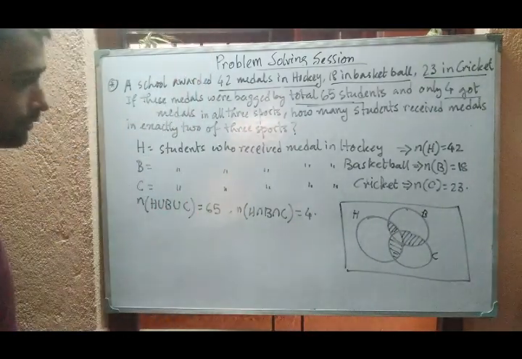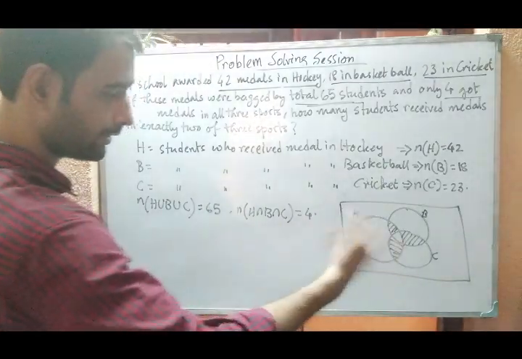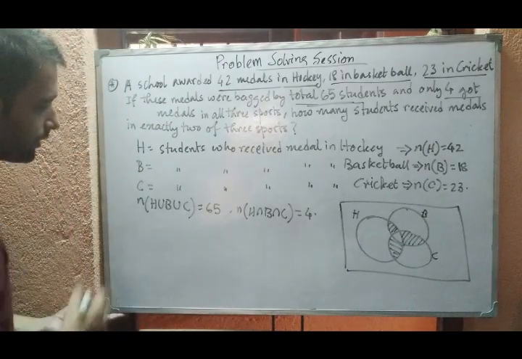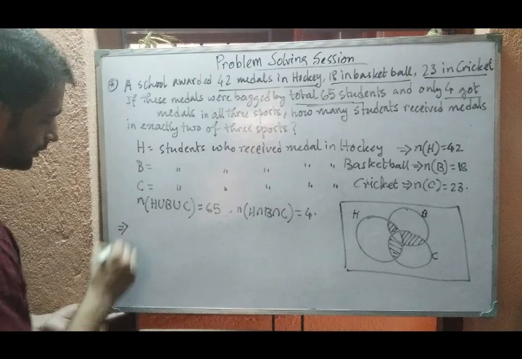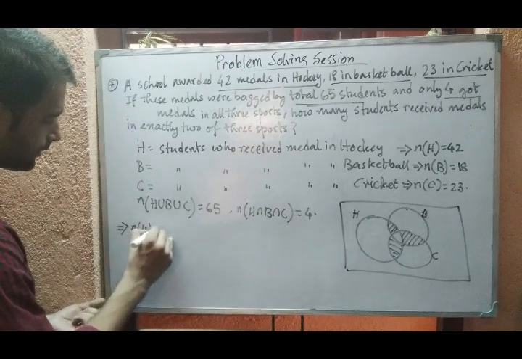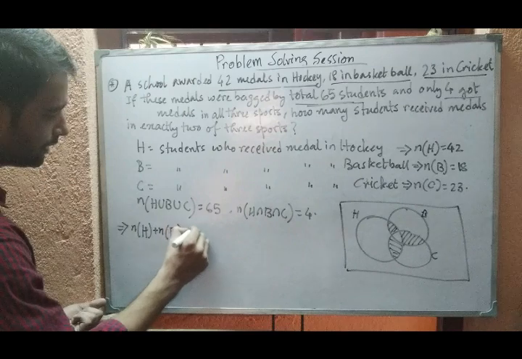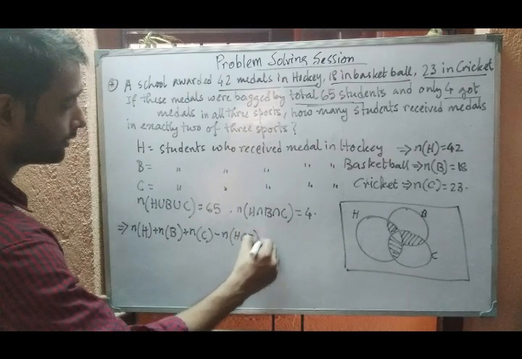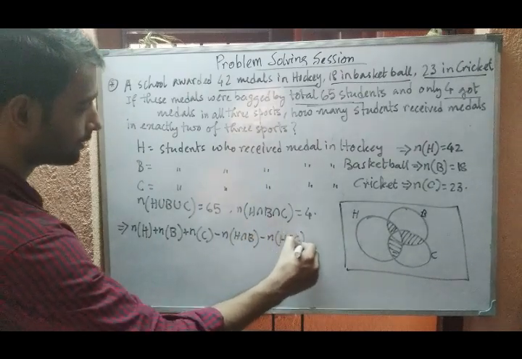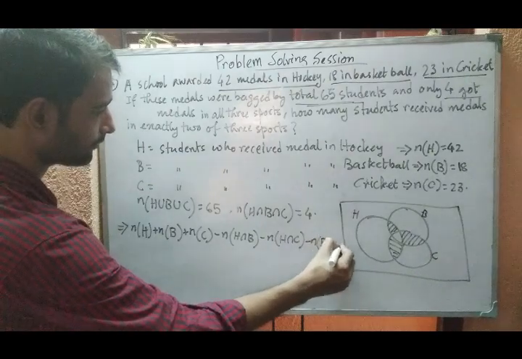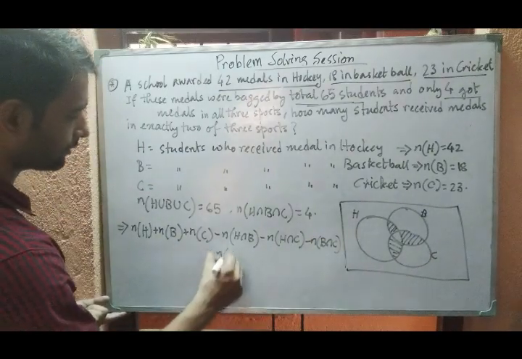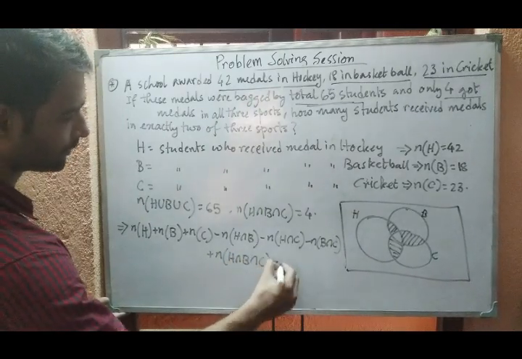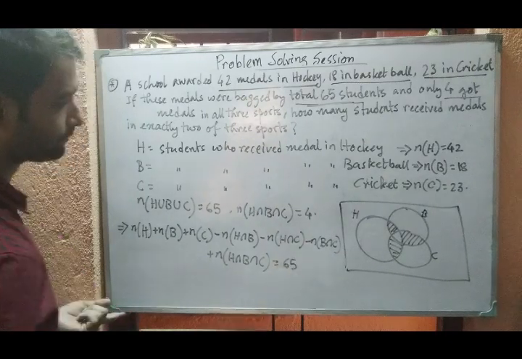So first of all, you are drawing the region and deciding which region is our required one, and then you are writing the formula for the union of 3. That means you can write here n of H plus n of B plus n of C minus the intersections of 2, that means H intersection B, H intersection C, and B intersection C. Then you are adding the intersection of all 3, and this will be 65.